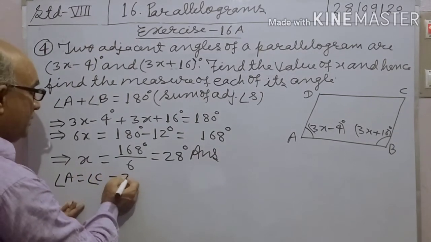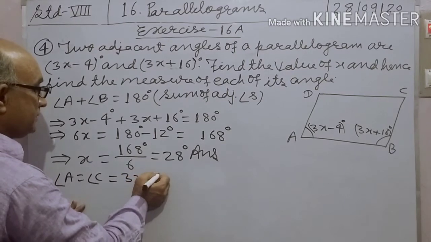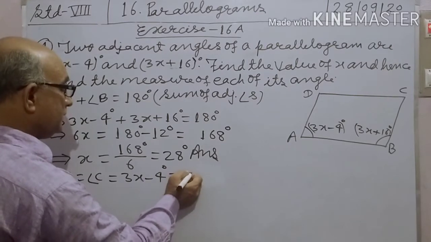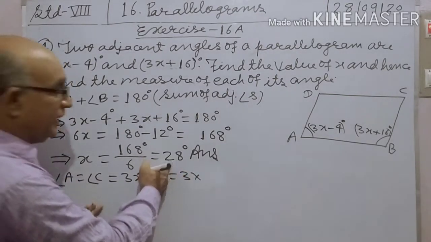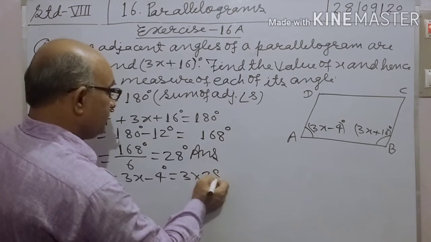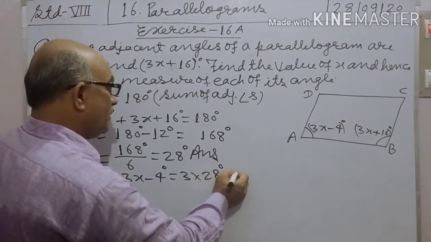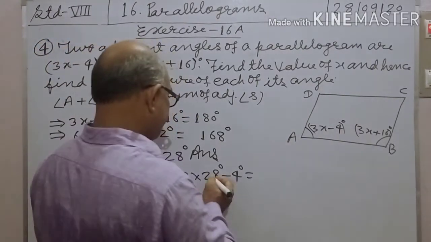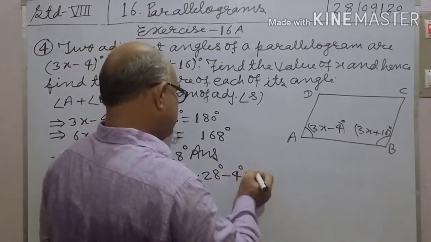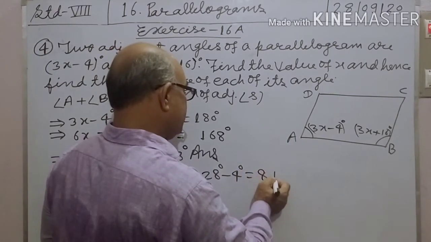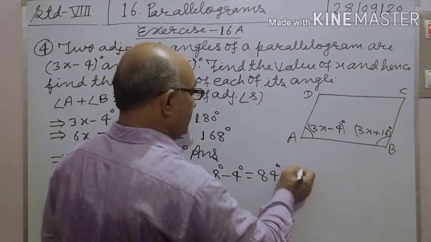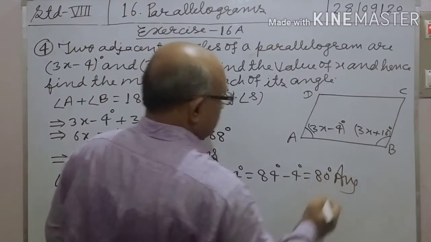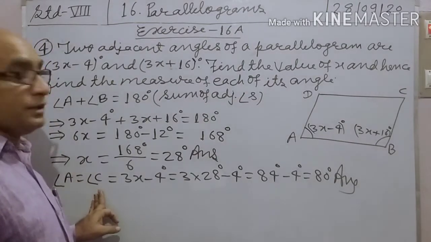So angle A equals 3x minus 4 degrees equals 3 into the value of x, which is 28 degrees, minus 4 degrees. 28 times 3 is 84 degrees, minus 4 degrees equals 80 degrees. Angle A equals angle C equals 80 degrees.